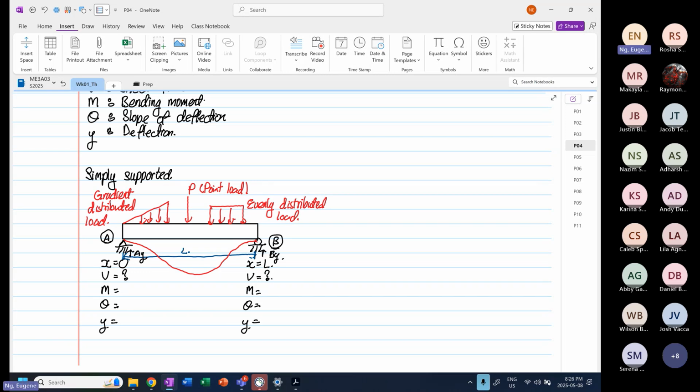Now at point A, the moment at point A is equal to 0. The moment at point B is also equal to 0.